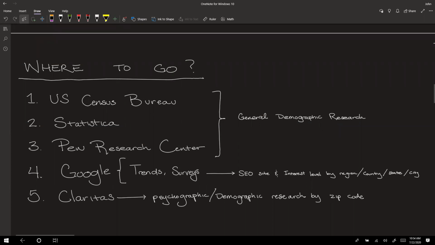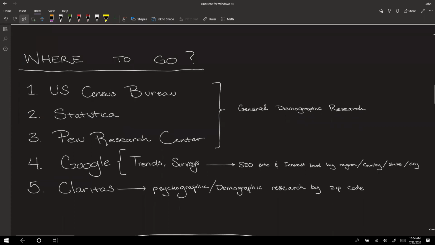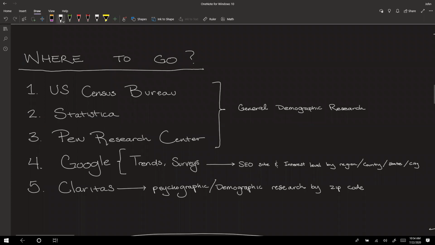So if you guys need any help with your market research, you can ask me, and here are some sites that I would recommend for you. So the US Census Bureau, they have a lot of good stuff. It is mandatory for everybody to take part in the census, as you guys have probably seen, because there's a lot of advertising out there about it.